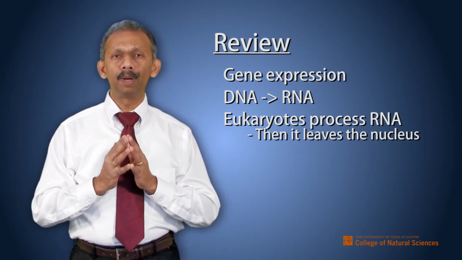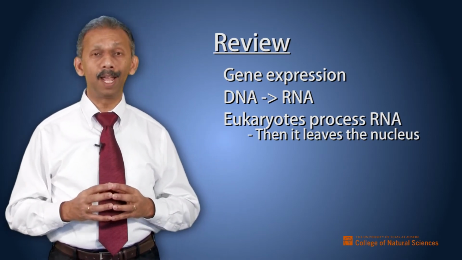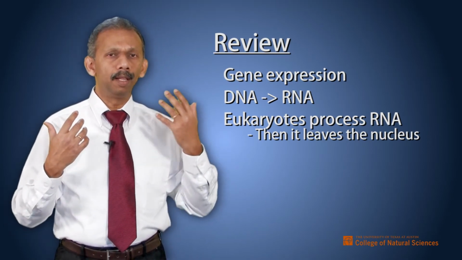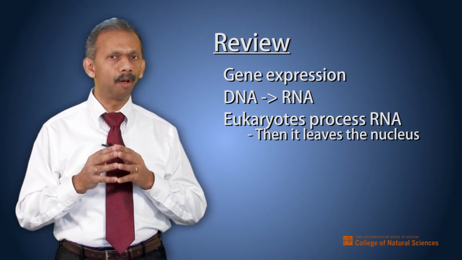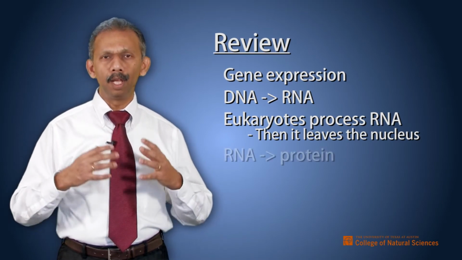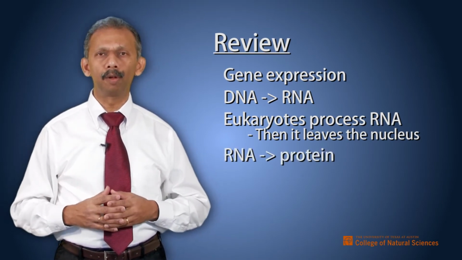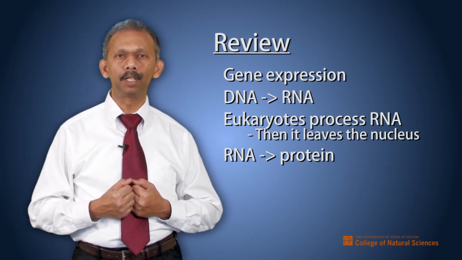Also, one more thing to remember is the G cap and poly A tail are only for mRNA, and the introns and exons could be present in mRNA, tRNA, or ribosomal RNA. Once the processing is done, the RNA leaves the nucleus. It starts the process of protein synthesis.